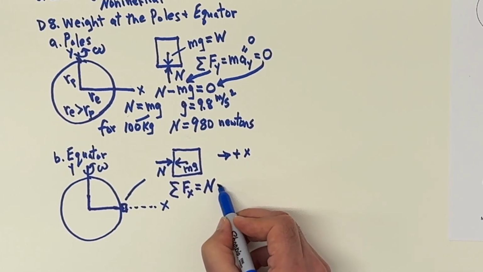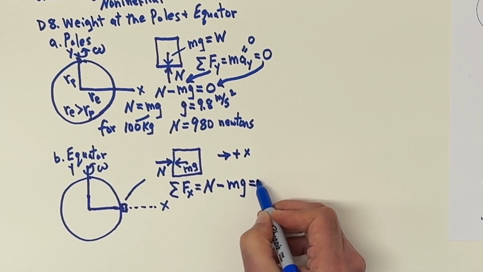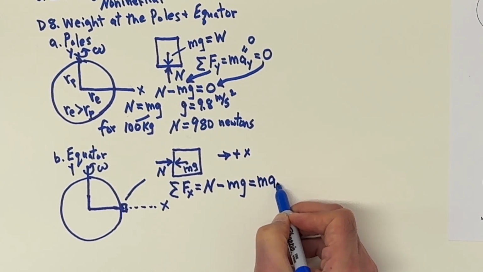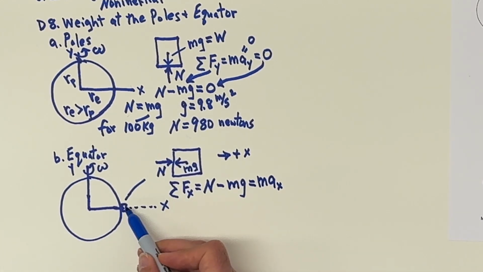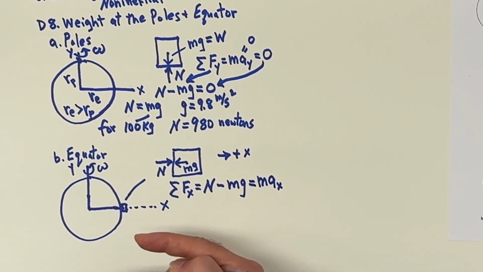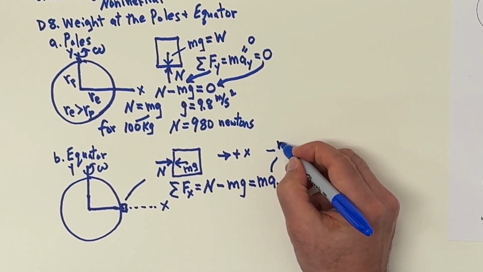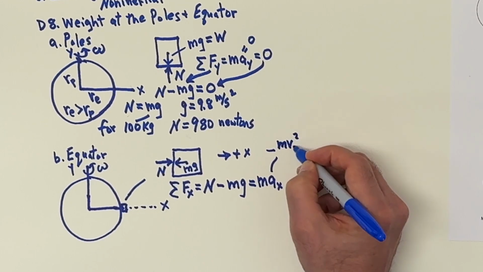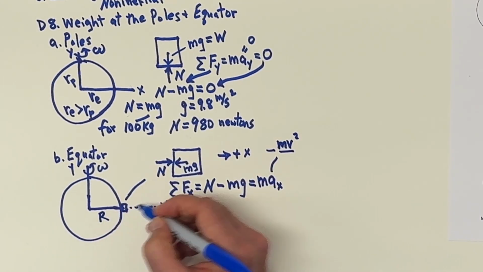And then we have minus the gravity. But this is equal to ma, and the acceleration in the x direction is not zero. In fact, there's centripetal acceleration pointing in the negative x direction toward the center. And that's going to be here minus mv squared over r, where r is the radius of the Earth. Let me just go ahead and call that big R for now.